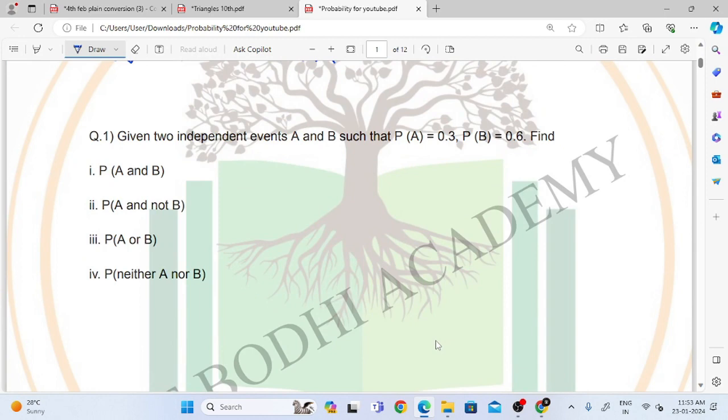In the second question, it is given that P of A is equal to 0.3, P of B is equal to 0.6. The first question is we have to find out P of A and B. And it is given that these events are independent events. So independent event means what?